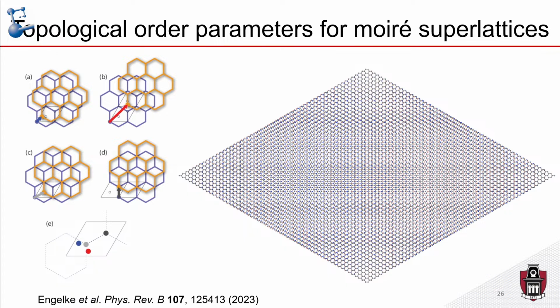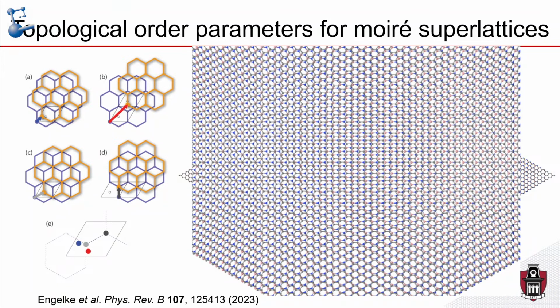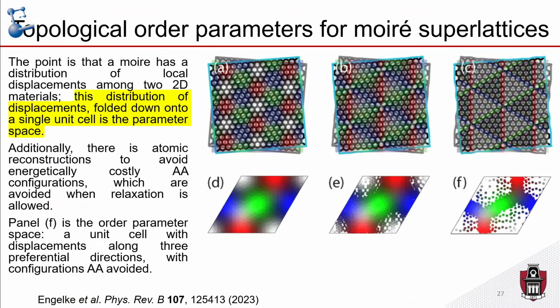And then depending on where you are on the Moire, the registries vary. Let me just emphasize that in this case, this red line actually goes outside of the single unit cell. You have to fold it back into the single unit cell. This is another line that gets onto the neighboring cell. You always fold it back onto the single unit cell. Okay, good. So again, this is how you see that there is a distribution of registries.